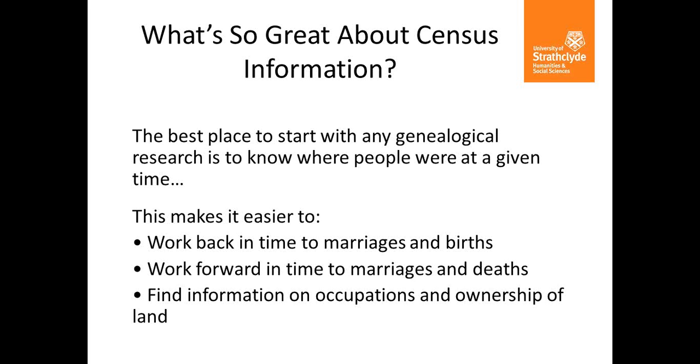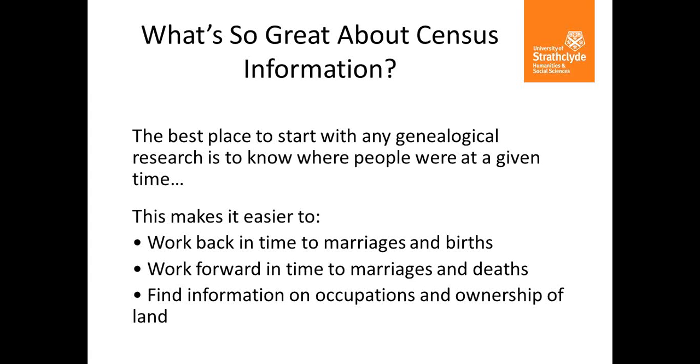What's so great about the information on the census is it gives us an opportunity to look at a family as a whole, and to look also at them in the context of where they lived and their neighbours around them. And by using the information on the census, it's often feasible to try and work out when the parents were married, when births of particular children occurred, and even to think about moving forward to when someone might have died, if we know the ages and that they were alive at a particular time in a census, and whether or not they were married at the time.